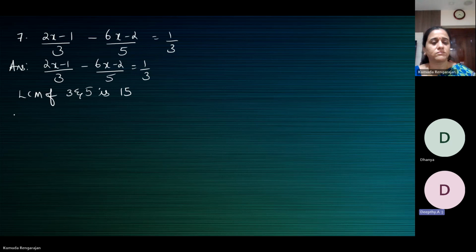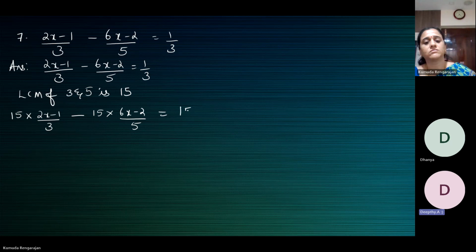Then we have to multiply every term by 15. Okay. So 15 into? Dictate, no? I'll just write whatever you dictate. Yes, ma'am. 15 into (2x minus 1) by 3, minus 15 into (6x minus 2) by 5, equals 15 into 1 by 3.